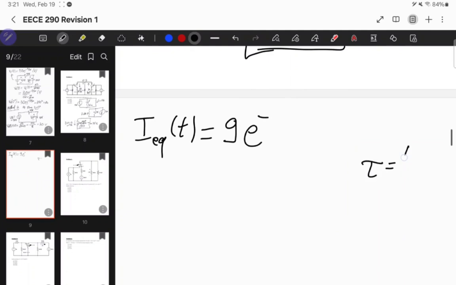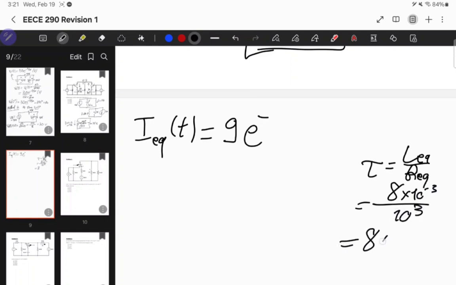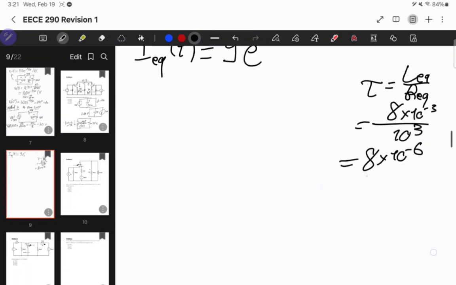On the side, tau is equal to L equivalent over R equivalent. This is equal to 8 times 10 to the minus 3 over 10 to the 3, which is 8 times 10 to the minus 6. This is tau, so 1 over tau is equal to 1 over 8 times 10 to the minus 6. This is going to be 125,000 hertz.